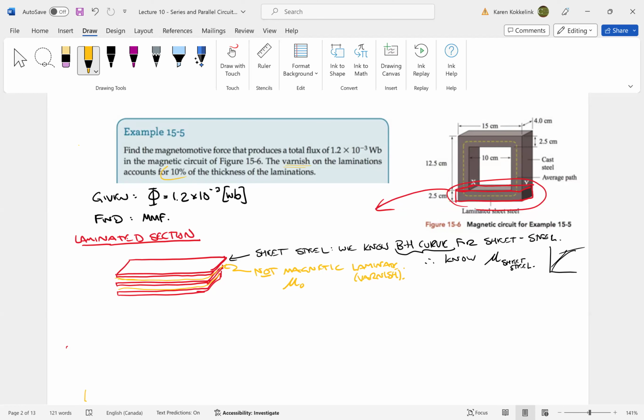It accounts for 10% of the thickness of this laminated section.